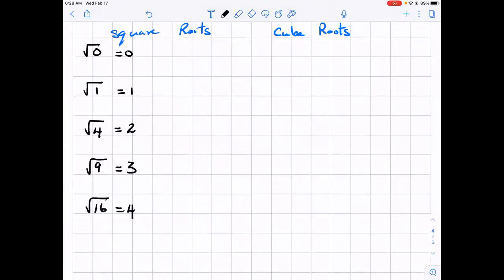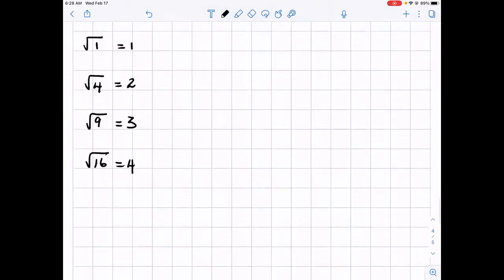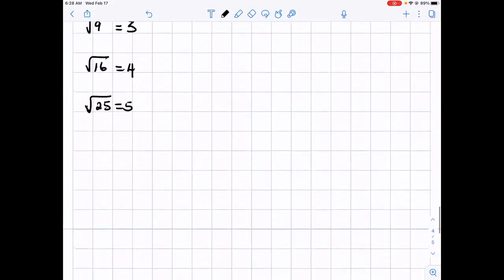The square root of 25 is equal to 5. The square root of 36 is equal to 6. The square root of 49 is equal to 7. The square root of 64 is equal to 8.